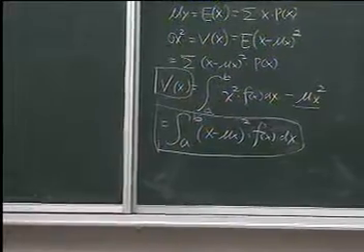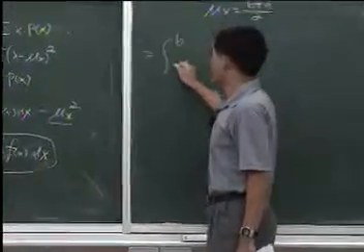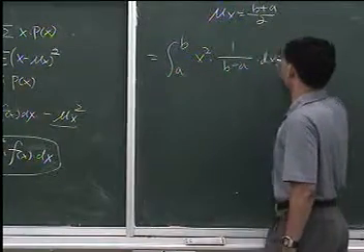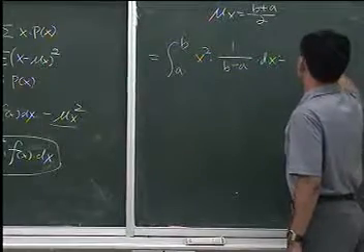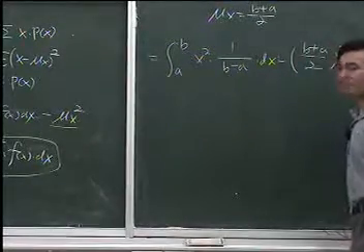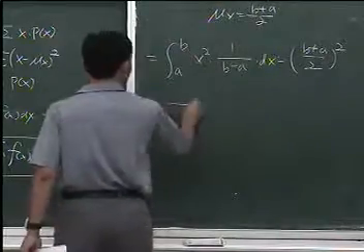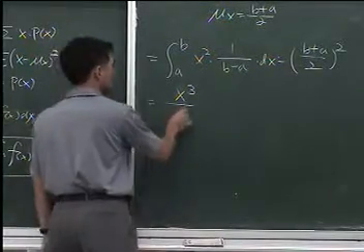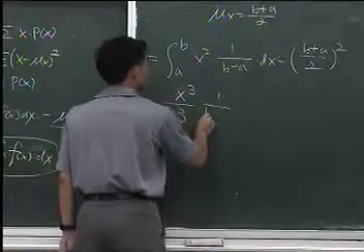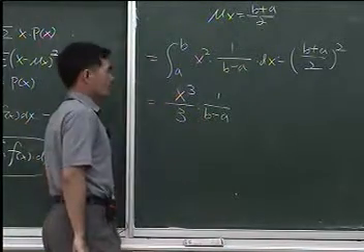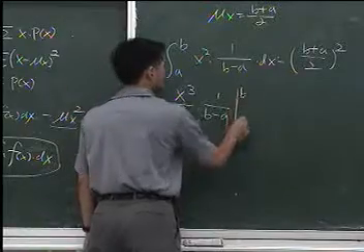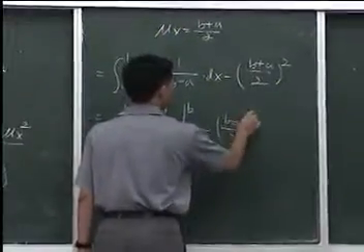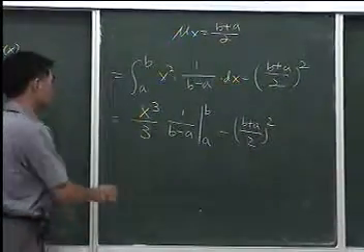Okay, so we have the integral from a to b of x squared times 1 over b minus a dx minus b plus a over 2 squared, okay? And so it should be x to the 3rd power divided by 3 and times 1 over b minus a. And so it is from a to b minus b plus a over 2 to the 2nd power. Okay, so what do you get?